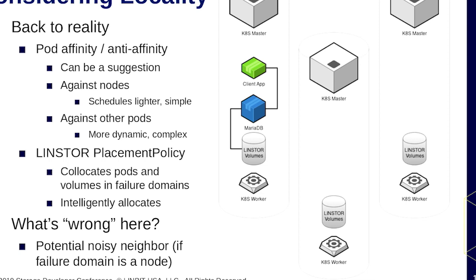So LINSTOR can place storage in the same fault domain automatically, and we don't have to do anything. We don't have to specify anything other than placement balanced. That's all we have to say, placement policy balanced. That's it in the actual storage class. And then it will provision storage in the same fault domain that your application is running in.